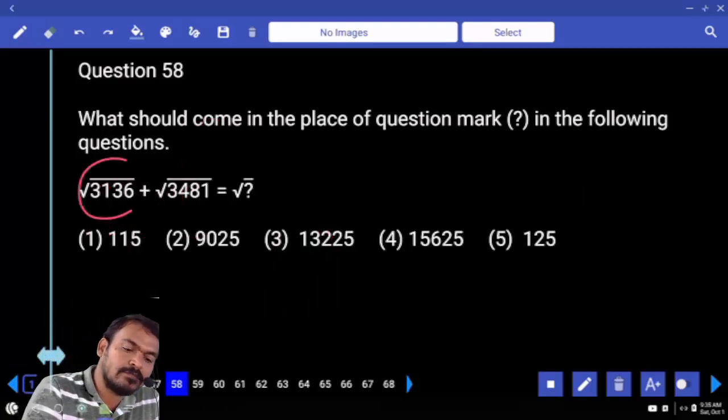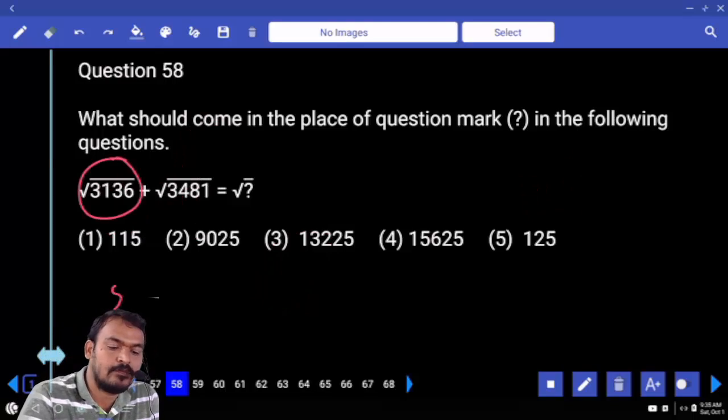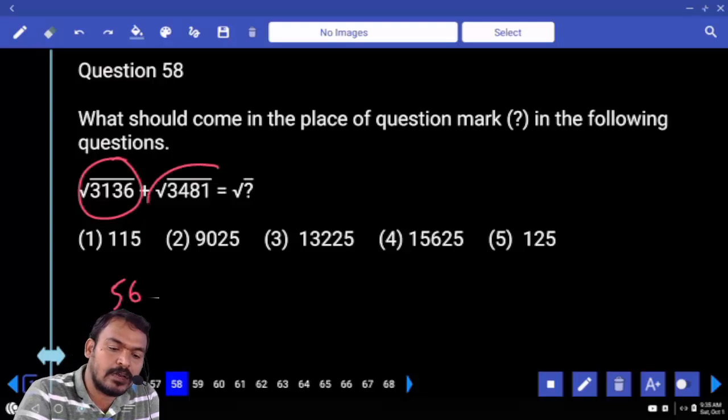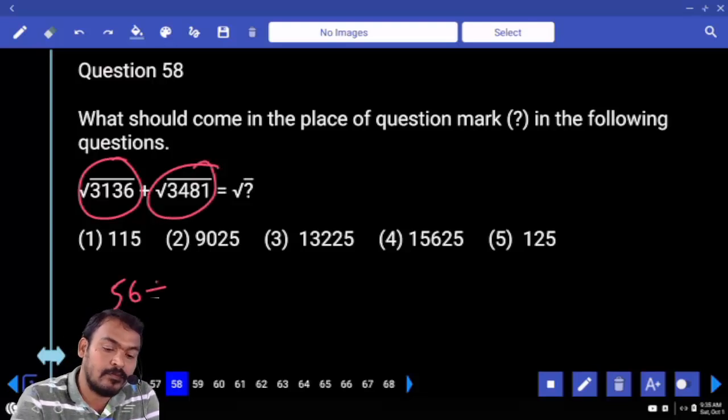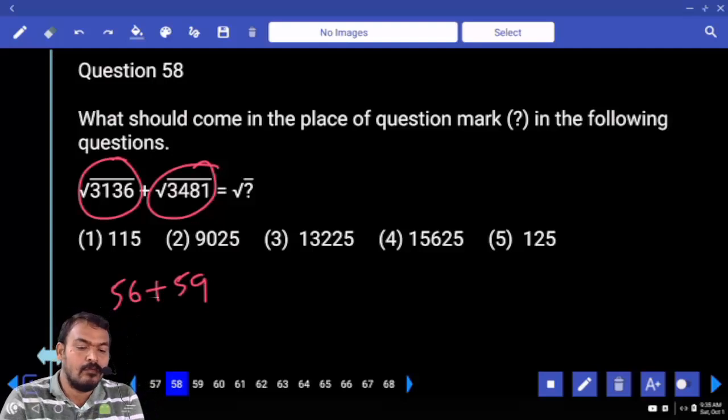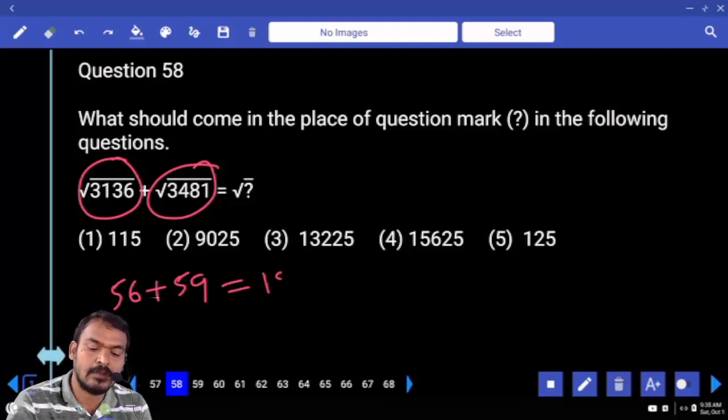Next, 58. What is the square root of 3136? 56. 56. Square root of 3481. 59. Both are added, 115. But we required 115 square or not?